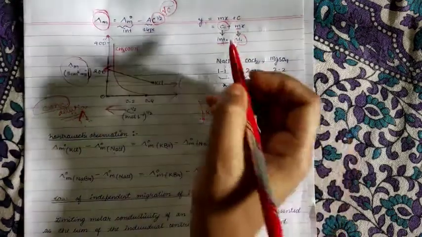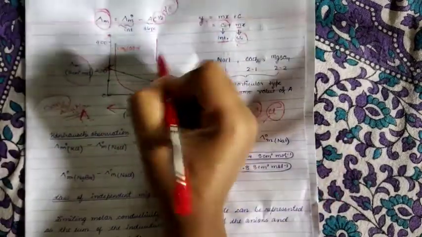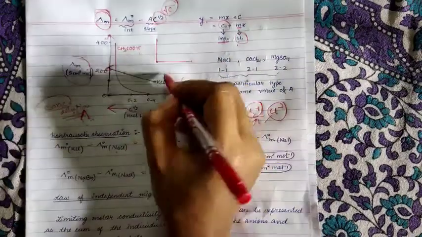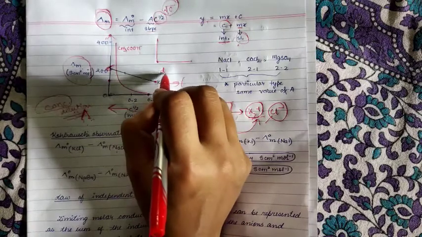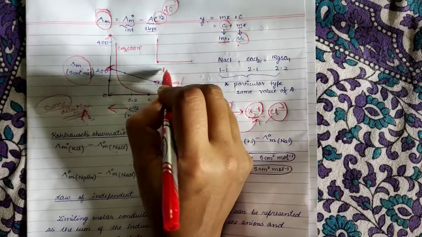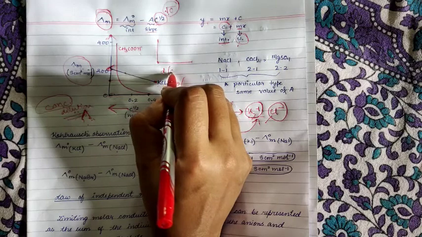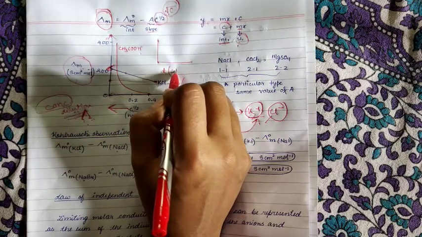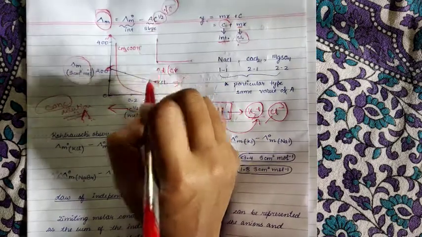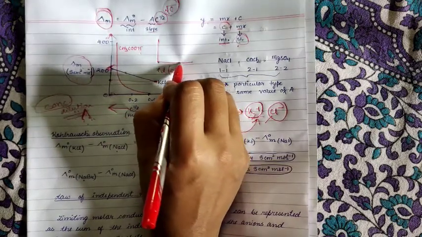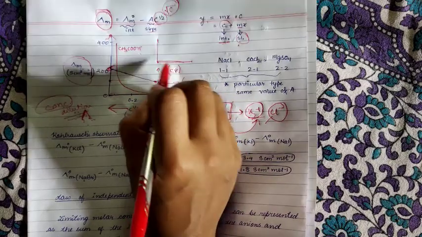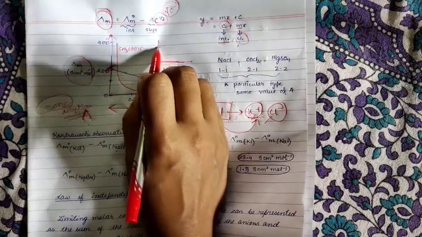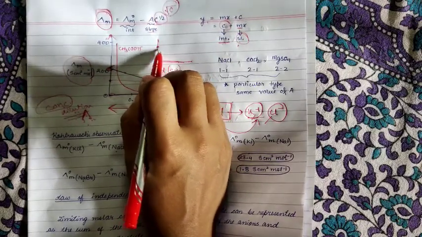Is it clear? So let me explain it once more here. The first thing, you are diluting. Diluting means what? Adding water. Whenever you are adding water, the concentration of the electrolyte will decrease. Clear? The concentration will decrease, but you are increasing the dilution. So as you go on adding water, the number of ions formed will be more, and hence you will get more lambda m, more conductance.